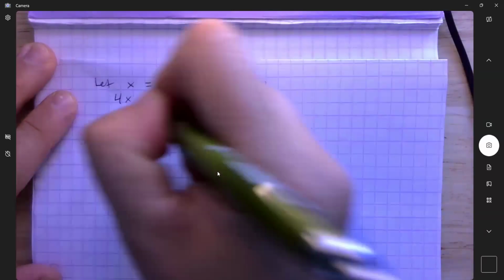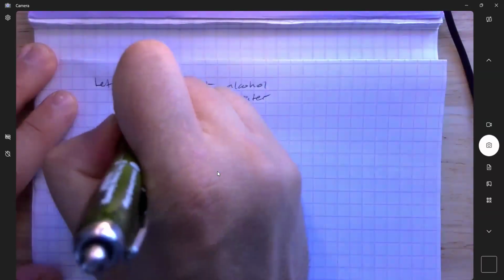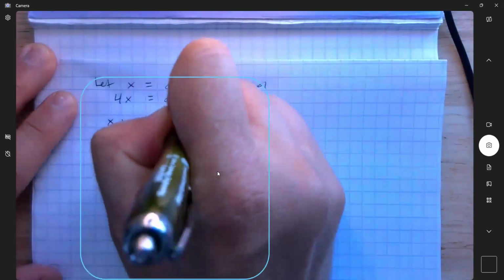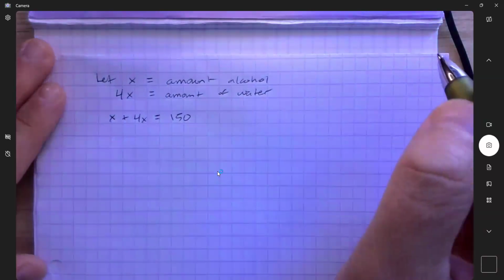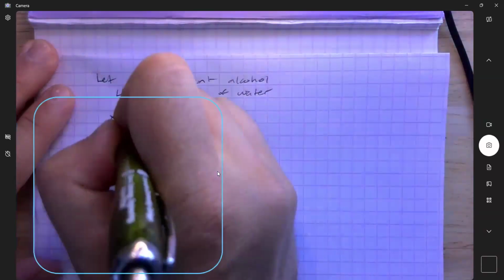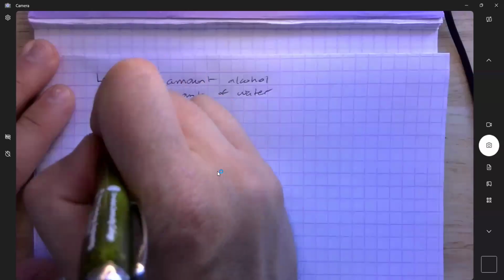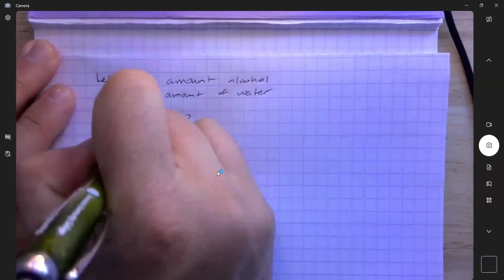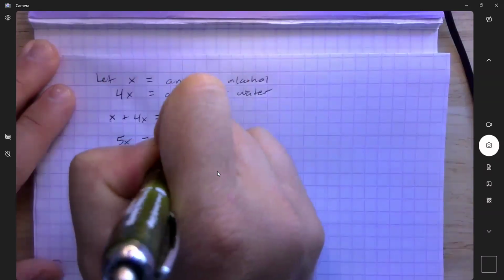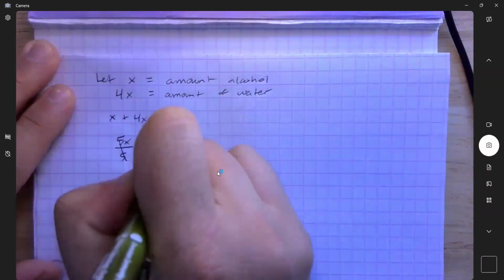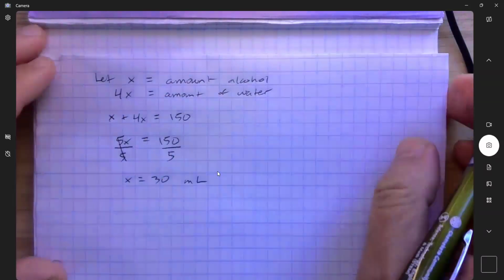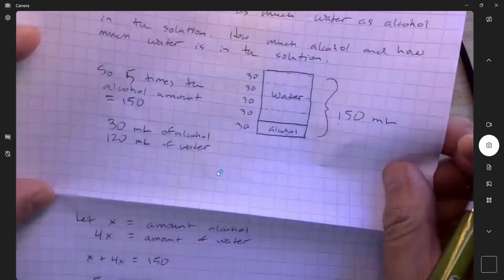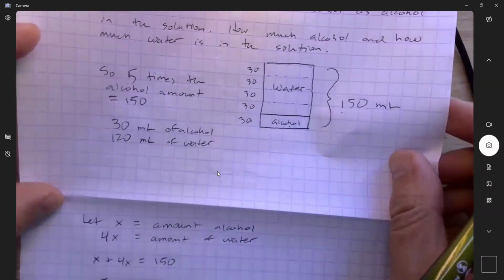So if we take the amount of alcohol plus the amount of water, we're going to get 150 milliliters. And then for our first step, we're going to combine the X plus the 4X to get 5X. And then we're going to divide both sides by 5. And we get X equals 30 milliliters. That is exactly what we got from the picture.